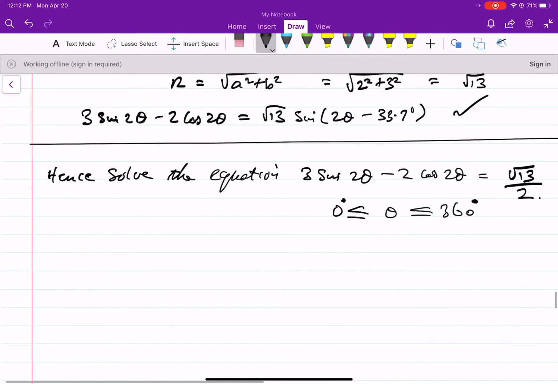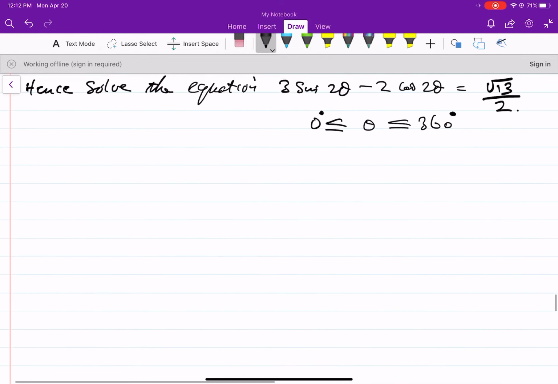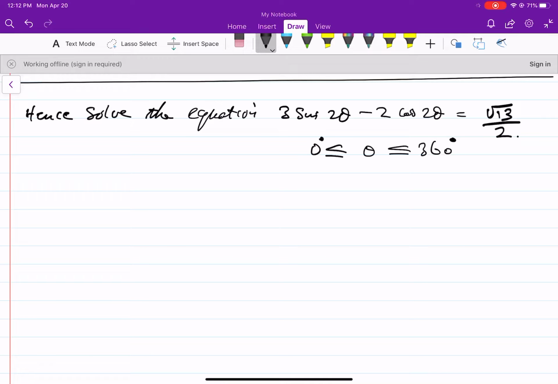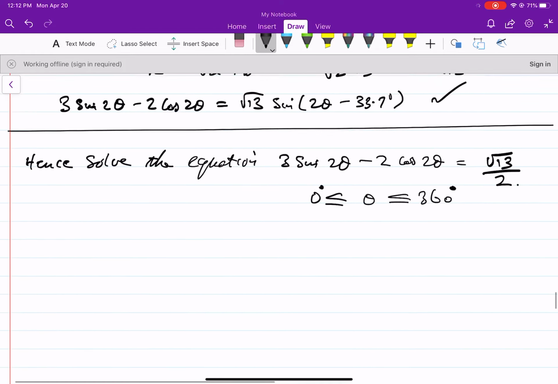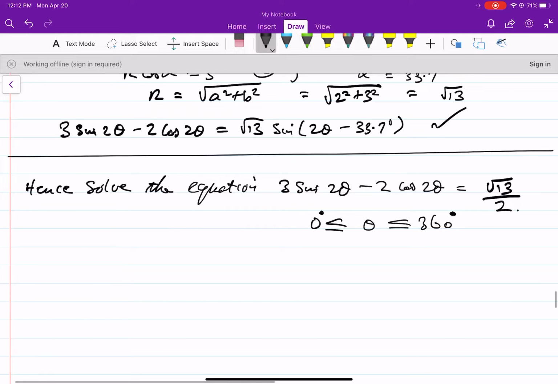Yes, the second part is asking, hence, solve the equation 3 sine 2 theta minus 2 cos 2 theta equal root 13 upon 2 for theta in the range 0 to 360. Well, we just found an equivalent expression for 3 sine 2 theta minus 2 cos 2 theta. And that equivalent expression is root 13 times the sine of 2 theta minus 33.7.